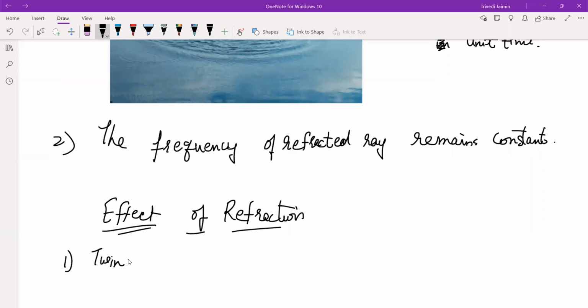Yes, sir. So how does it happen? Due to atmospheric refraction. Twinkling of star, an effect of refraction. Oh, I said atmospheric refraction.